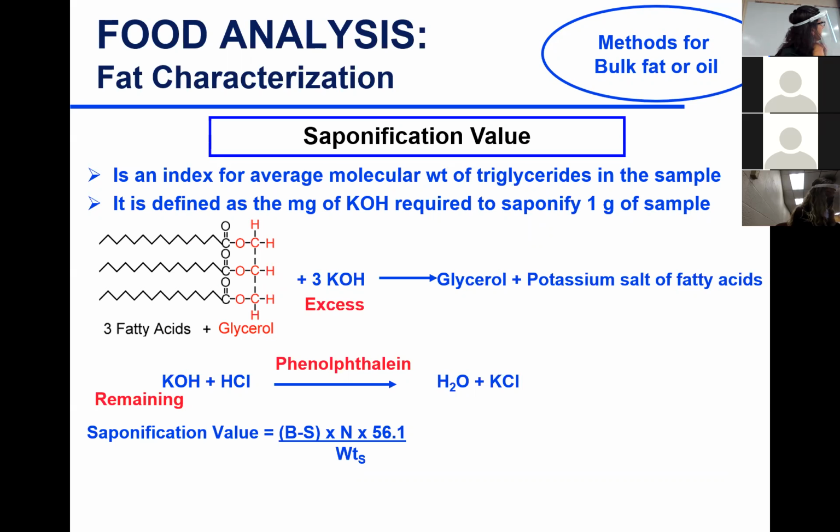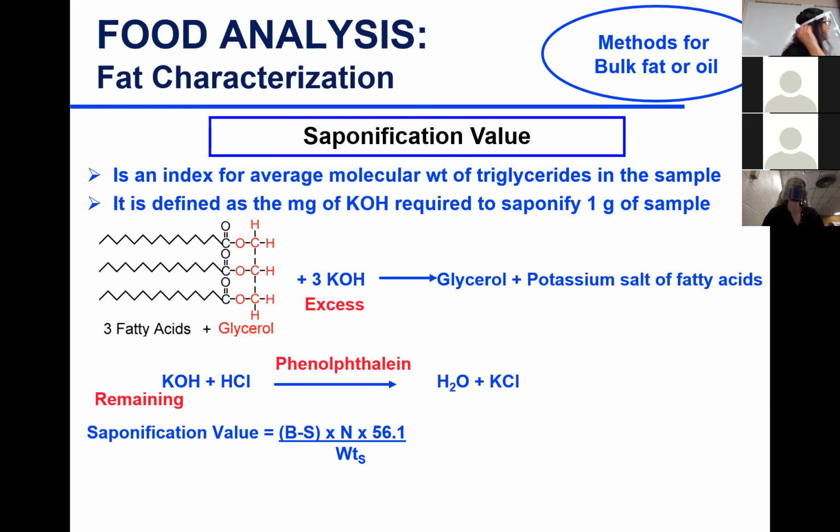So it is an index of average molecular weight of triglycerides in the sample. What this is telling me is we can use the saponification value to determine average molecular weight of my fatty acids or triglycerides. So now, how is it defined?